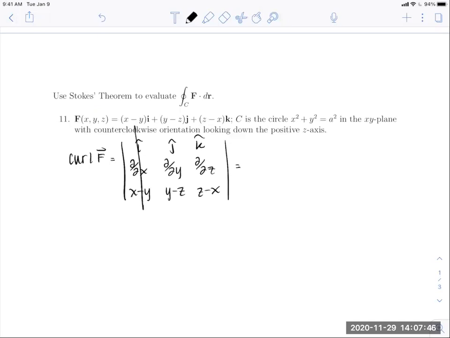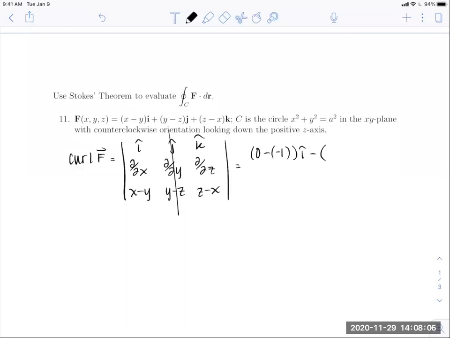I'm going to strike through the first column. When I look across the first diagonal, I see 0 for the first partial, and then the second diagonal is going to give me a -1. So 0 minus a -1, and that's for the i hat component. I always negate the j hat component, so strike through.